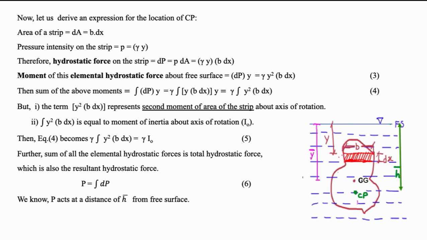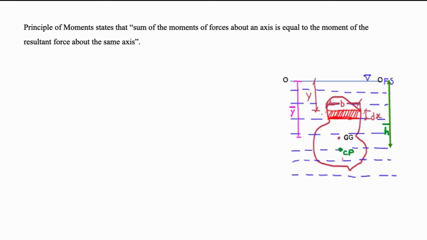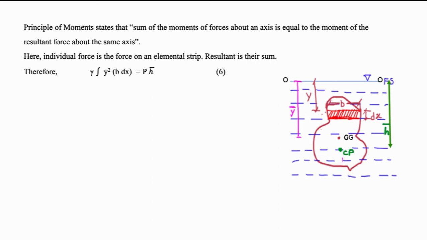We know the resultant force acts at a distance of h bar from the free surface. From the principle of moments, the sum of the moments of individual forces, that is elemental forces acting on the strip, is equal to the moment of their resultant about the same axis. Therefore, gamma into integral y square B dx is equal to P into h bar, or gamma into integral y square B dx is equal to gamma I naught.